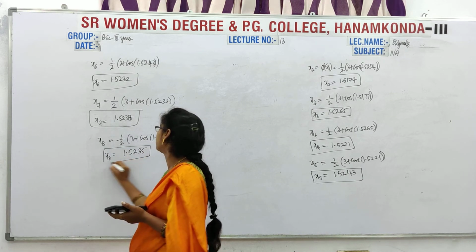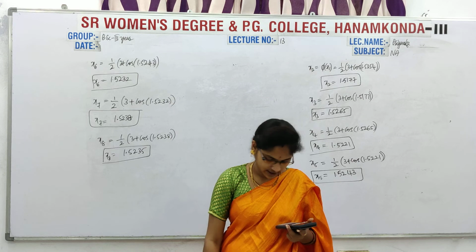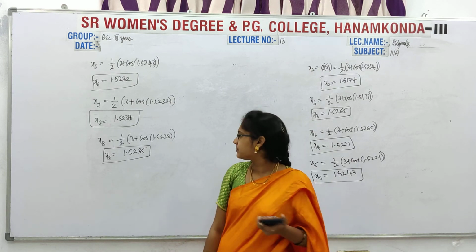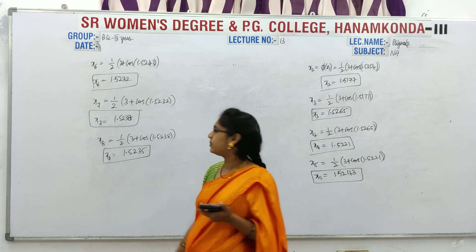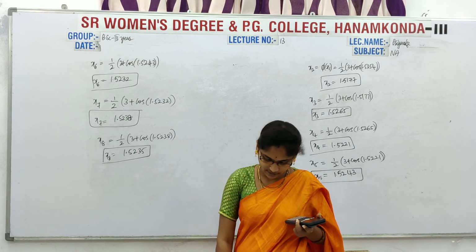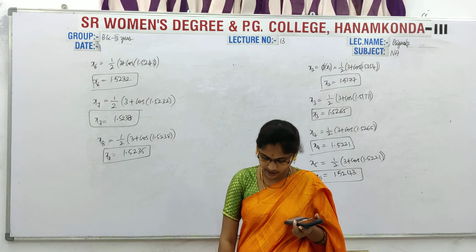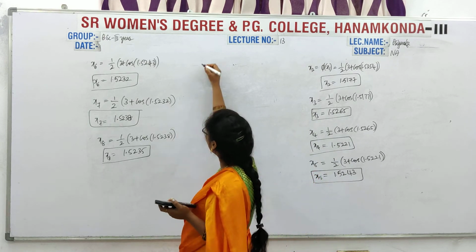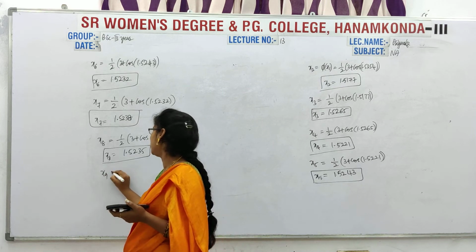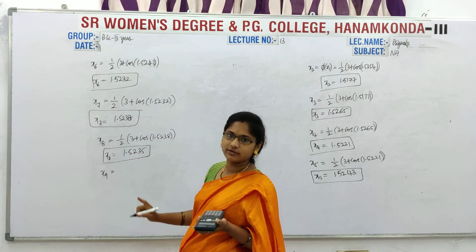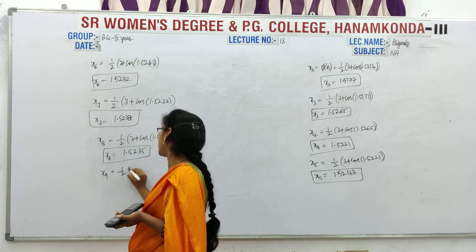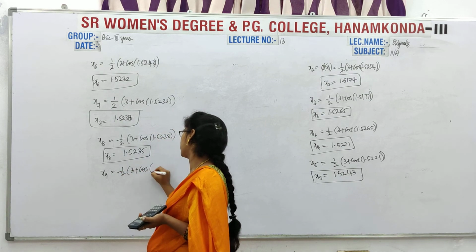Yeah. So now here obviously we are getting that the root value is nothing but 1.5238 and 1.5235. Of course those are very near values. If you want, you can calculate the next iteration x9. Of course we can take 1.524, but here I am calculating one more iteration.